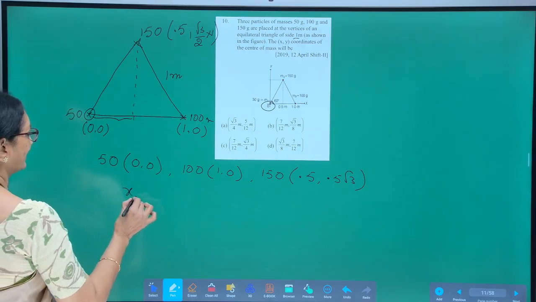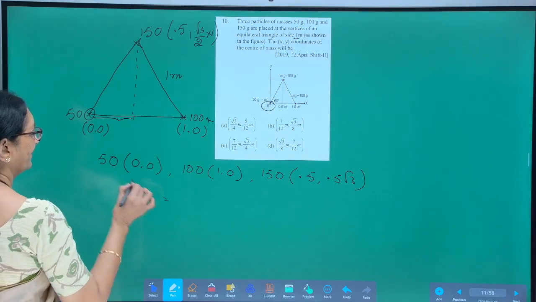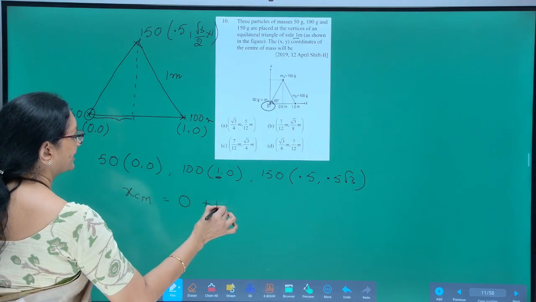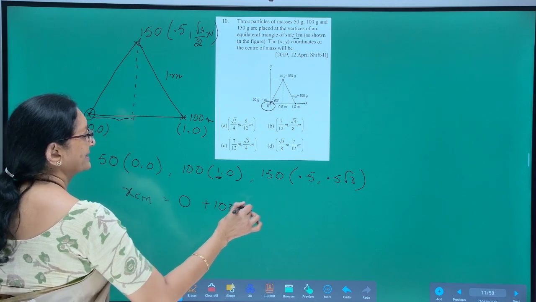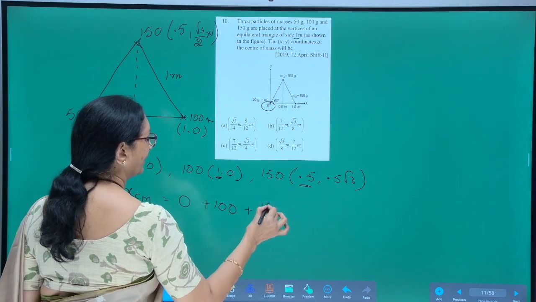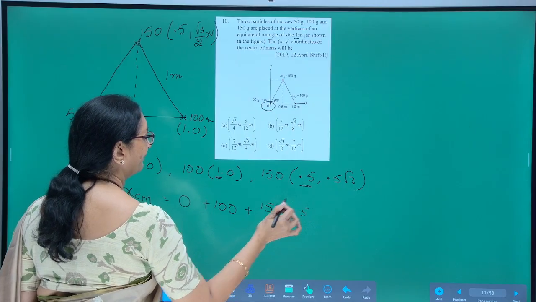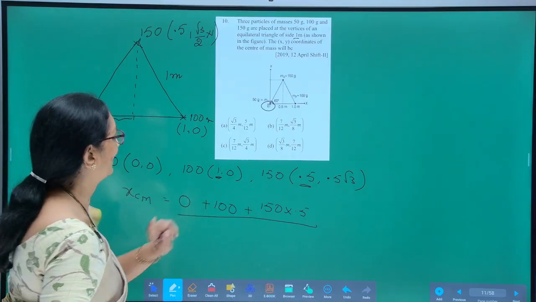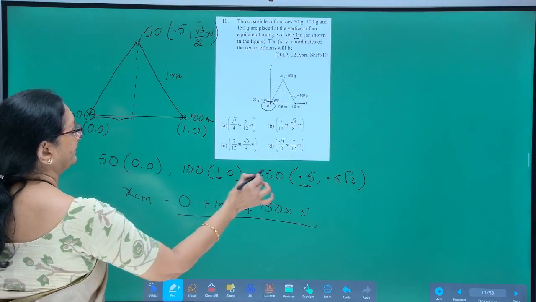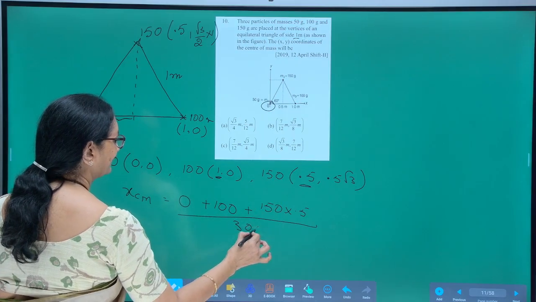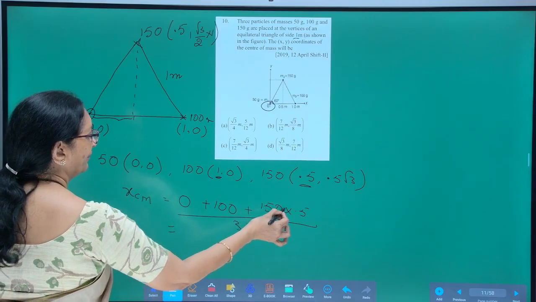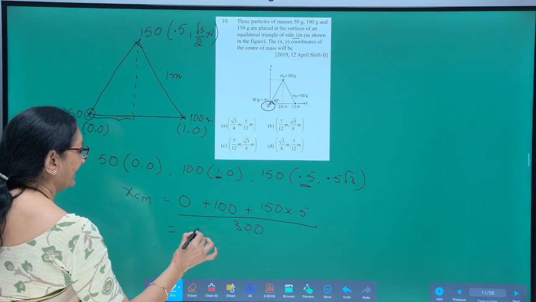So, x coordinate of center of mass is m1 x1 (0), m2 x2 (100) plus m3 x3 (150 into 0.5) divided by m1 plus m2 plus m3, 50 plus 100 plus 150, 300. So, here 150 into 0.5 is 75.